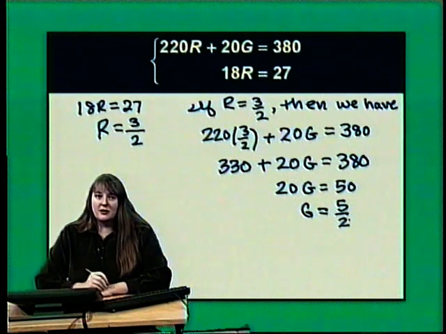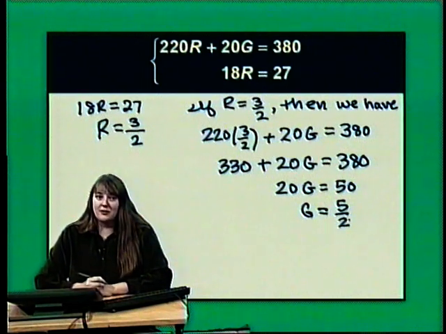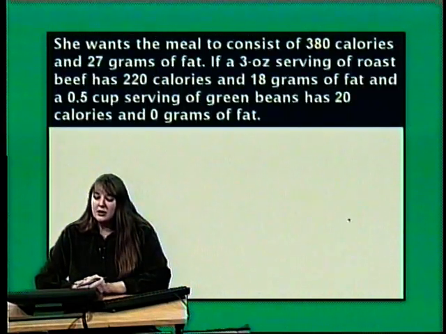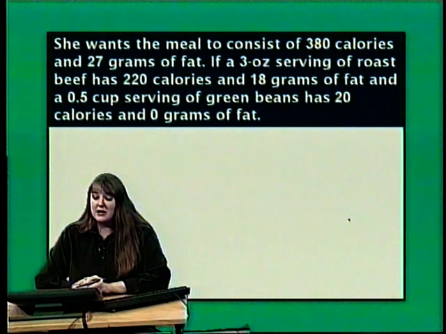So it looks like 1.5 servings of roast beef and 2.5 servings of green beans will give the desired calorie count and fat content. Let's check this. So she wants the meal to consist of 380 calories.